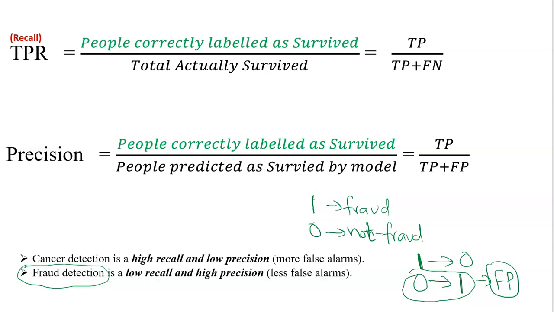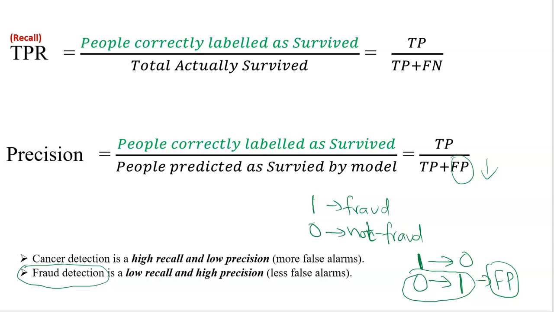You want to make sure that your false positive is lower in this case, otherwise you will lose customers. If I'm getting a message every day from my credit card company that I'm making fraudulent transactions, then obviously any person can get irritated and they might leave. So this is like the customer churn problem.